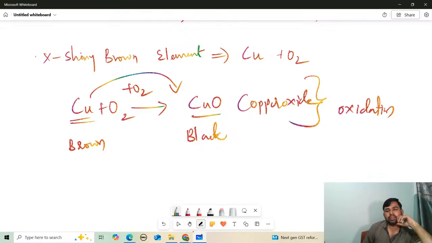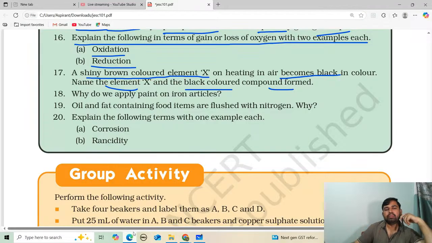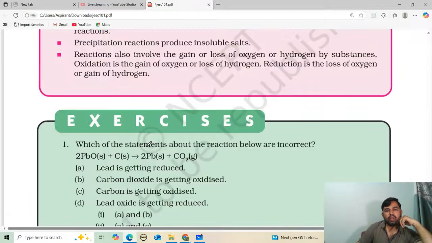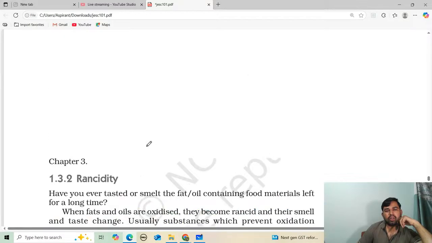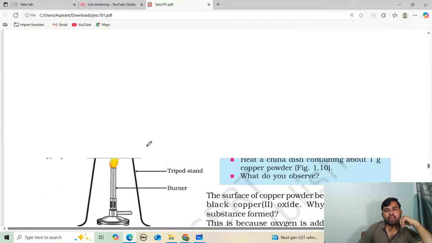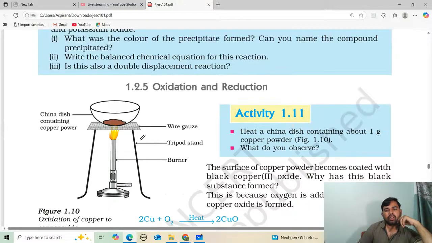You can see this activity. Here they have given this brown colored Cu metal, and they are supplying heat energy.